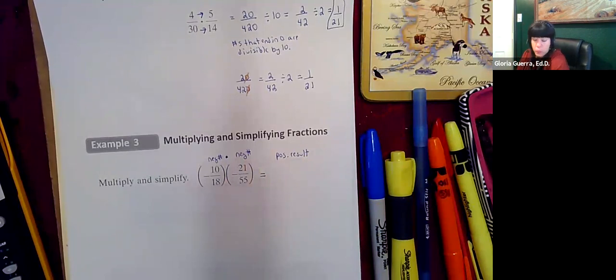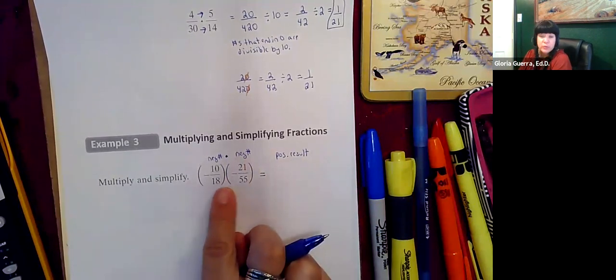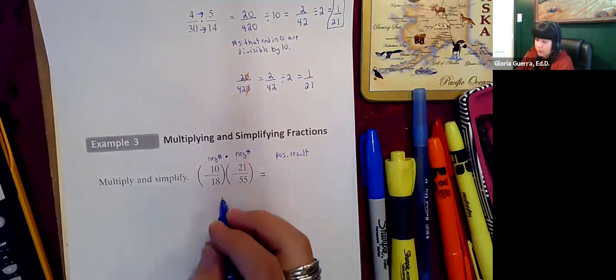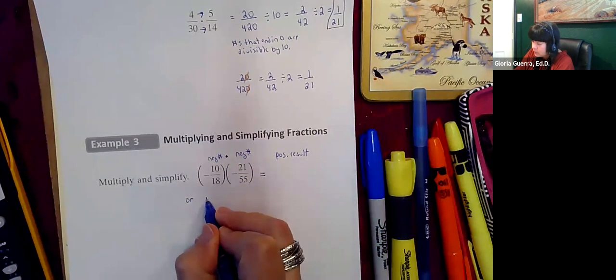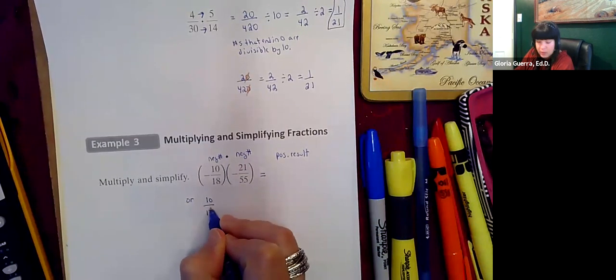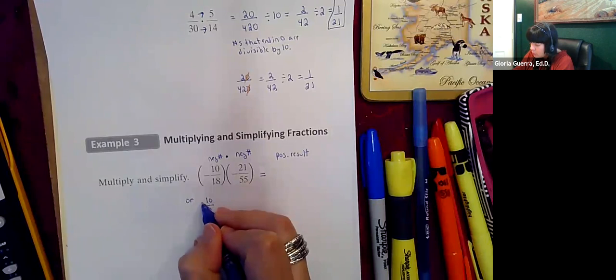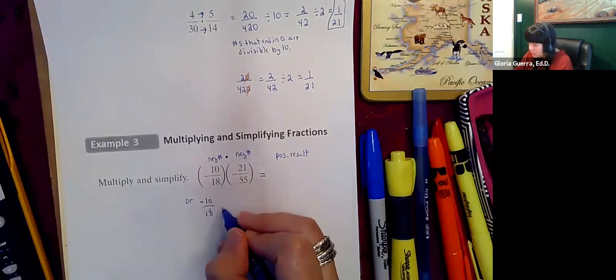They use parentheses, but they can also have used the raised dot, and this negative could go on top or in the middle.